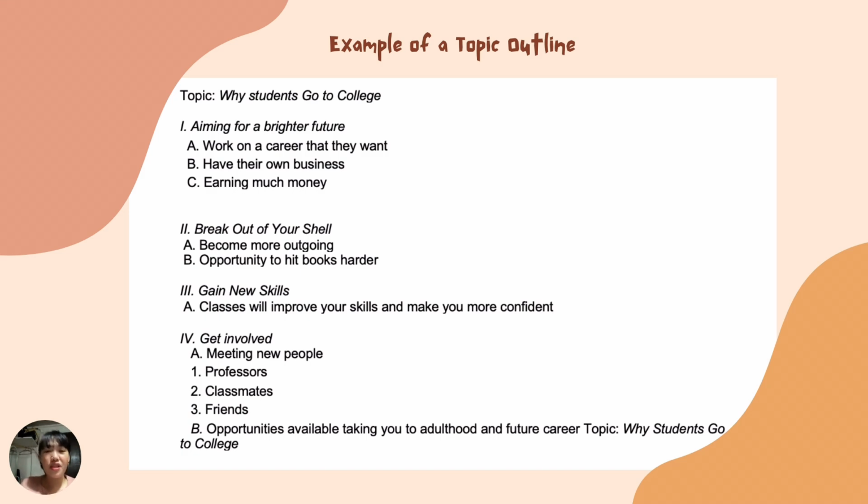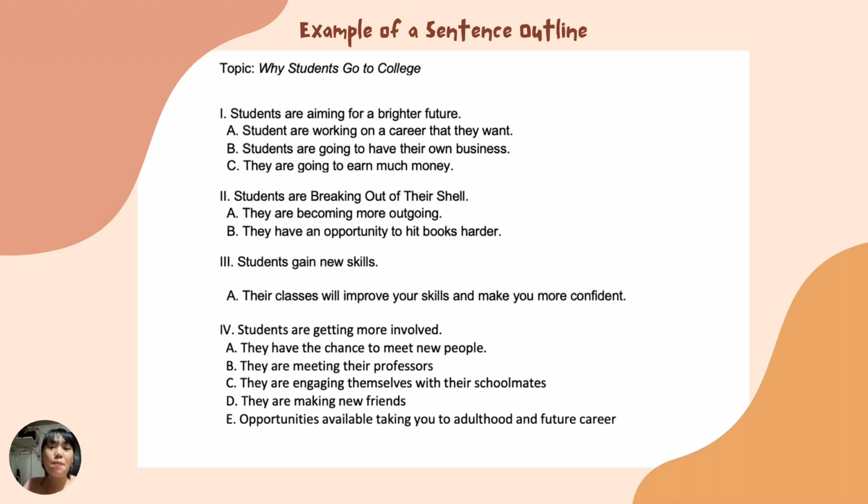So let's move on to the example of a sentence outline. Here we have the same topic, why students go to college, but you made this outline by writing them in complete sentences.